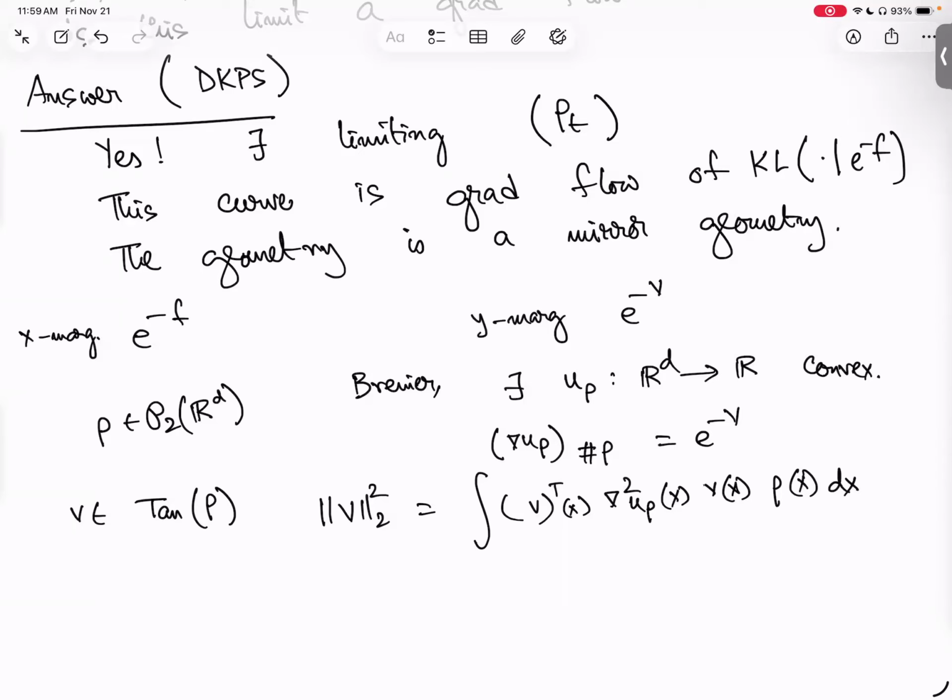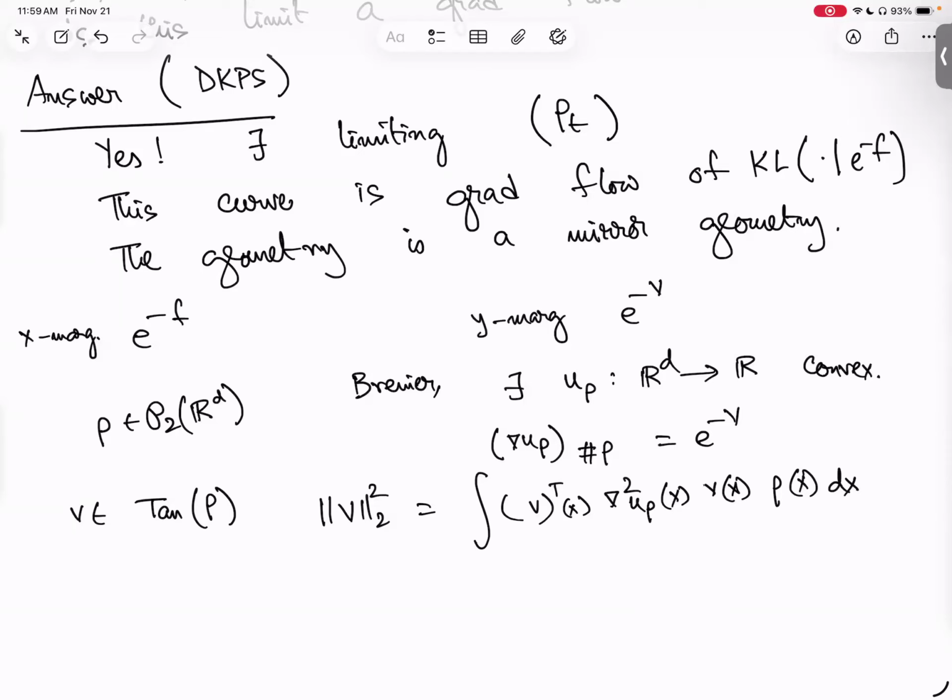Whatever it is, it gives me some formal Riemannian structure on the Wasserstein space. You should be very careful that this is a very singular kind of geometry, because this Hessian is not always defined. It's defined almost surely, and there are lots of issues where things can go wrong. But assuming everything is nice, this can be defined.